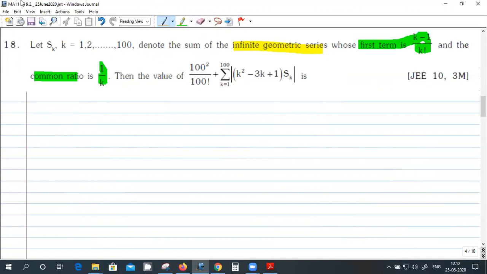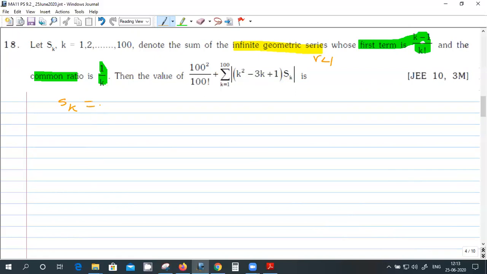Actually, it is sum. Sir, K is greater than -1 and 1. Only you have to find the value, not a number. K is the index. It's 1 to 2, 1 to 100. You have to find the value of that expression. Since it's an infinite geometric series, R, the common ratio, is less than 1. Let us take the condition that common ratio is less than 1.